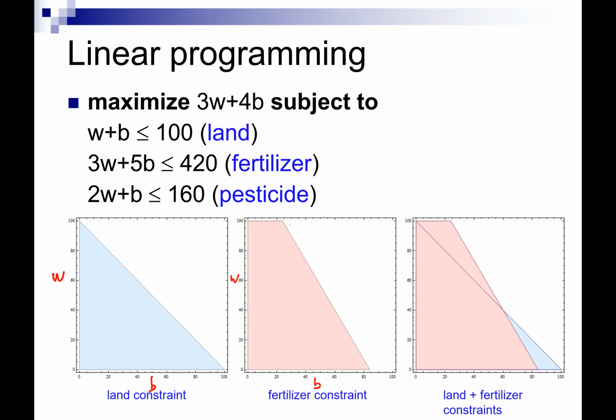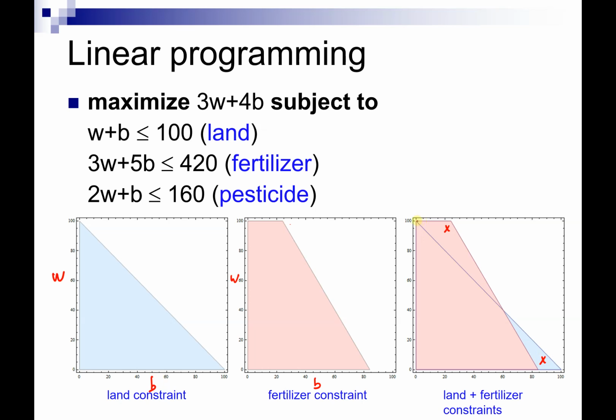For those points, we need to eliminate them because we need to satisfy all the constraints. For example, this point over here satisfies the fertilizer constraint because it's in this pink region, but it violates the land constraint because it's outside of the blue region. Likewise, this point over here satisfies the land constraint but violates the fertilizer constraint. So we need to remove both of these points.